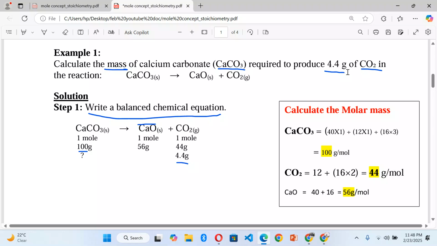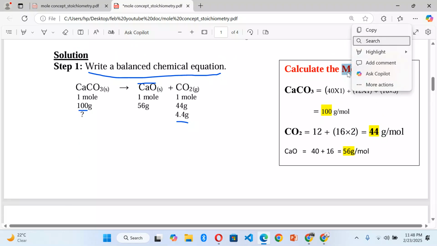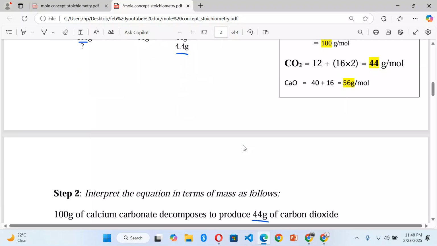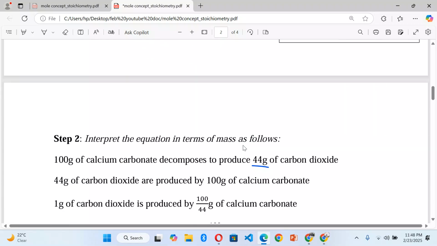Therefore, when we are interpreting, it's better to start with carbon dioxide. That's why, when you check here, I have interchanged this statement, and we are saying 44 grams of carbon dioxide are produced by 100 grams of calcium carbonate.